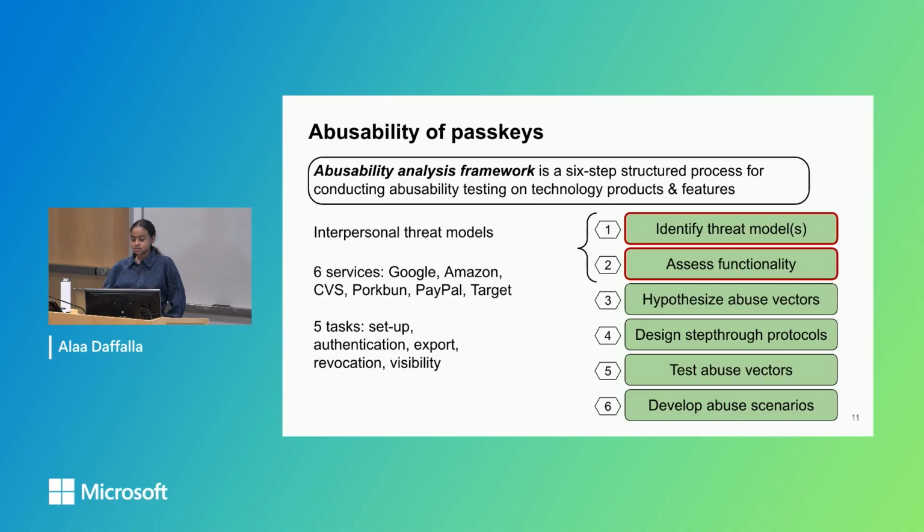So for passkeys, we performed the functionality assessment on 6 services, and we considered 5 tasks associated with the passkey lifecycle, which are the passkey setup or registration, passkey authentication, export, revocation, and finally, visibility.